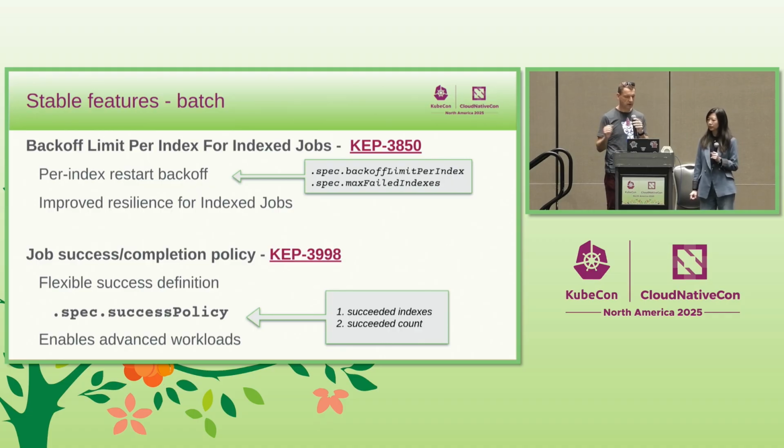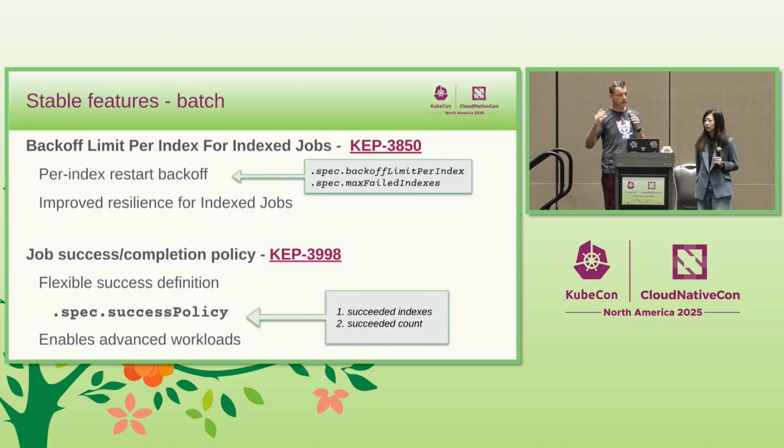So this particular one is talking about backoff limit per index for indexed jobs. If you remember, every single job has the ability to say, I'm going to retry a particular work, and if I hit a specific number of issues with running the pods, I'm going to decide that this is a failed job and not try it anymore, and the entire job will be finished and marked as a failed one.